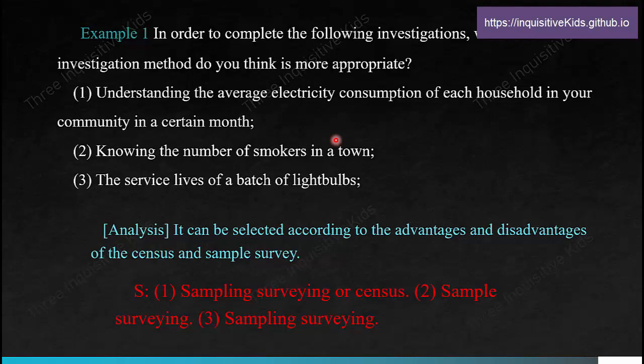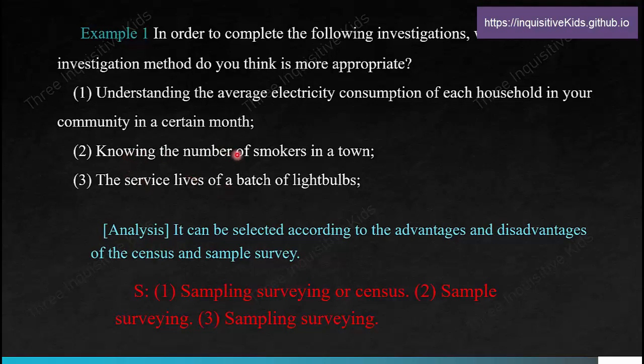No matter how big, for a bigger community, you might want to do sample surveying. But for a smaller community, you might want to do a census because it's easier and more accurate, but it'll be easier if you use sample surveying for a larger population.